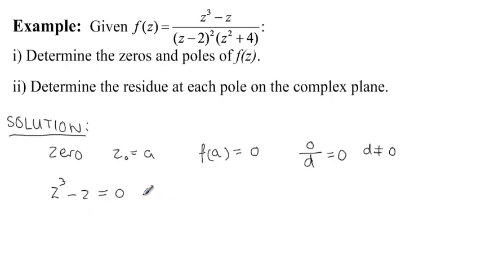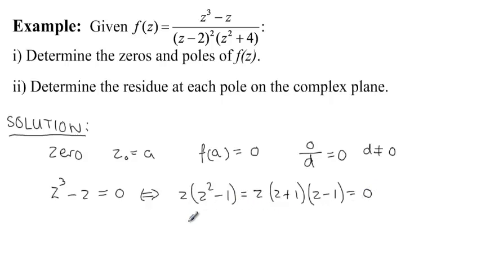Here you can see that this equation, factorizing, equals z bracket z squared minus 1, and this is also equal to z bracket z plus 1, z minus 1. Notice that this is a difference of 2 squares, and this equals 0.